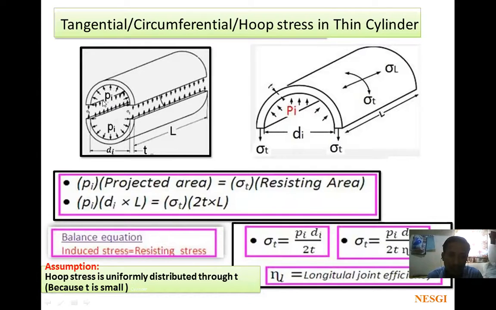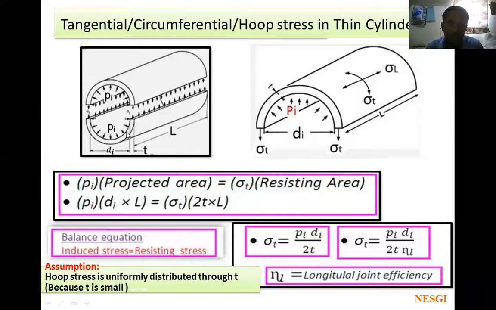Pi is the inside pressure, which acts on the wall of the cylinder. Because of that, tangential stress is induced on the cylinder wall in the tangential direction. Small t is used to represent the thickness of the cylinder.